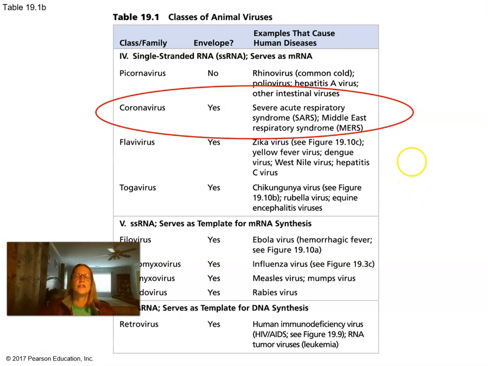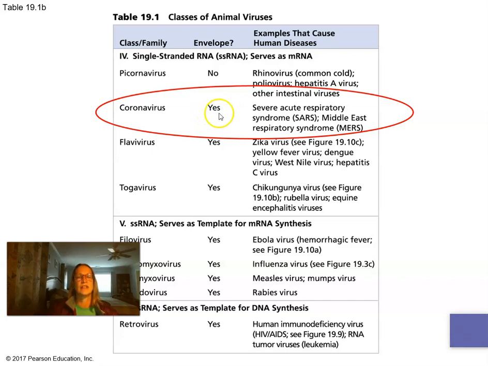This is showing you what type of structure the coronavirus has, because that is the virus that's causing us so much trouble right now. Coronavirus is just a category of viruses. The one that's bothering us right now is a brand new coronavirus that's never infected humans before. Here you have some components of its structure.